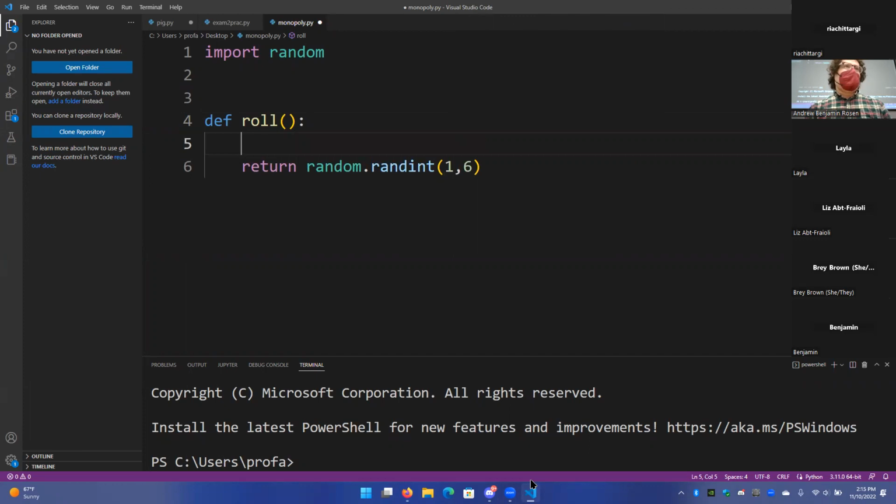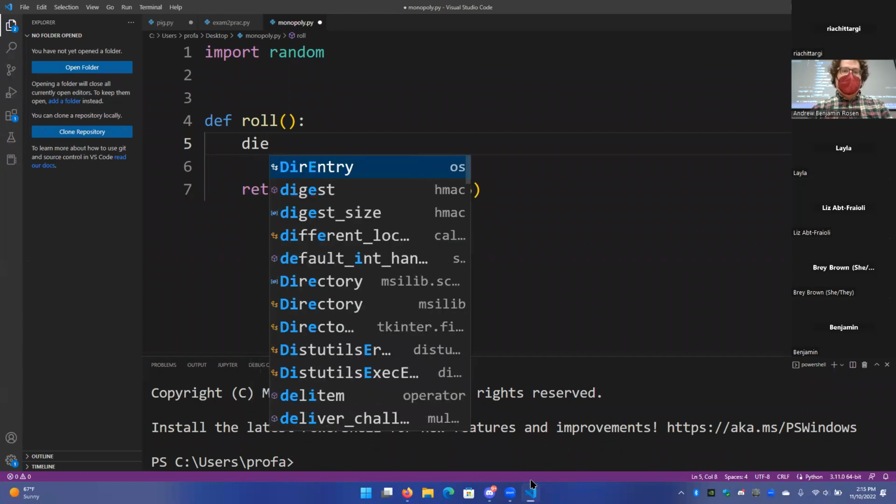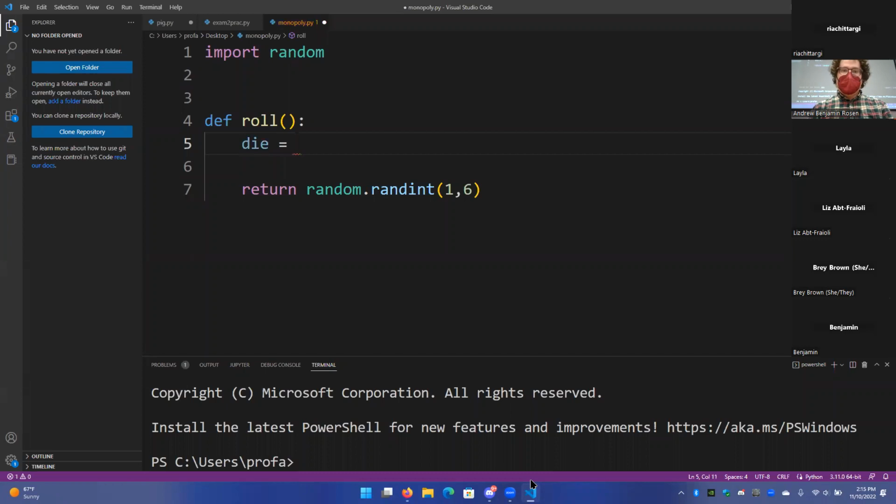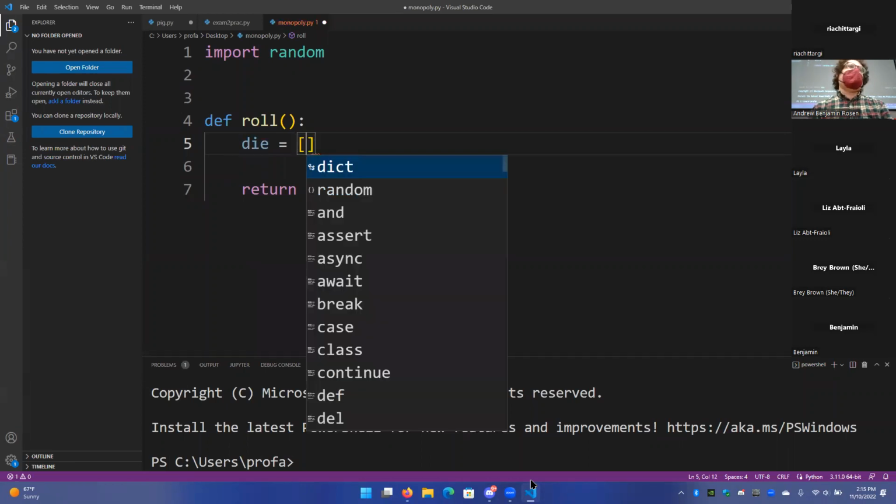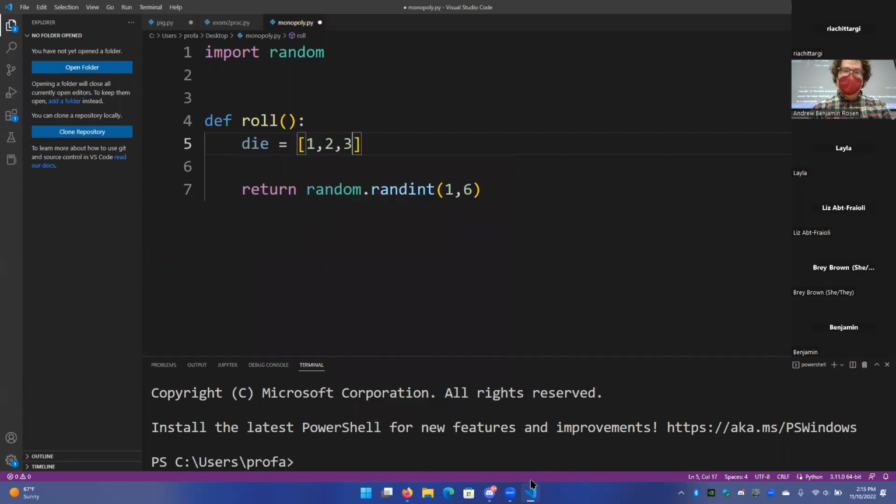The other way that I find to be useful when we're dealing with random numbers like this, especially if we're dealing with weird dice, like if you've ever played Mario Party where they have dice that are stacked a bit weird, with an uneven distribution of numbers. If you want to manually specify what's on the face of the die, you can create a list, 1, 2, 3, 4, 5, 6 in this case.